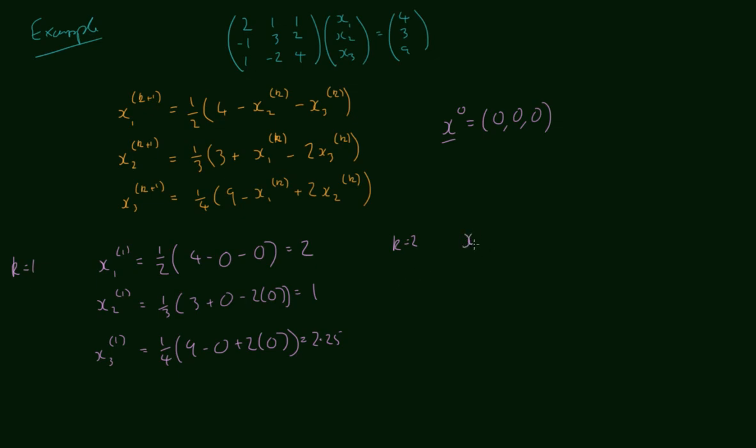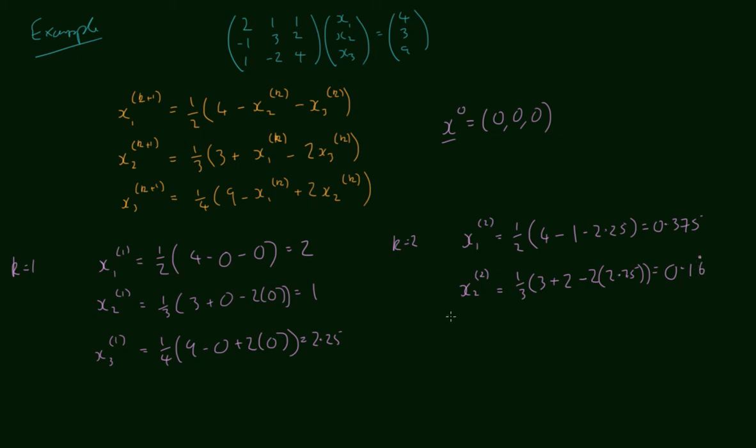So if I do the whole thing again, this time on my second iteration, x1 is 1/2 of 4 minus x2, but x2 is now 1, and then minus x3, which is now 2.25, and that equals 0.375. x2 is 1/3 of 3 plus x1, and x1 was equal to 2, minus 2 lots of x3, and x3 is 2.25, and that equals 0.16 recurring.